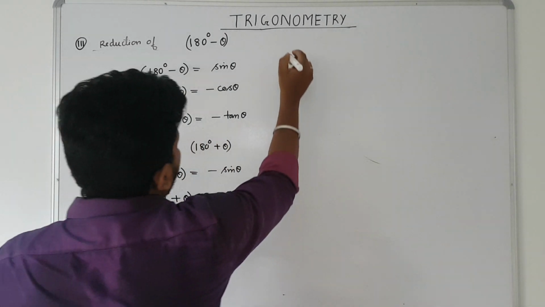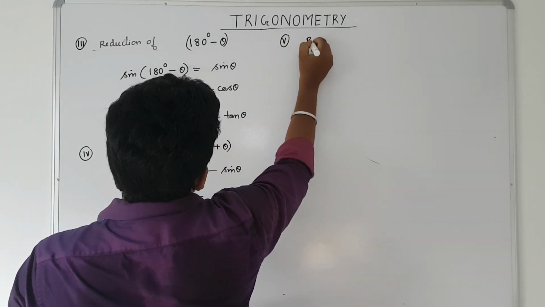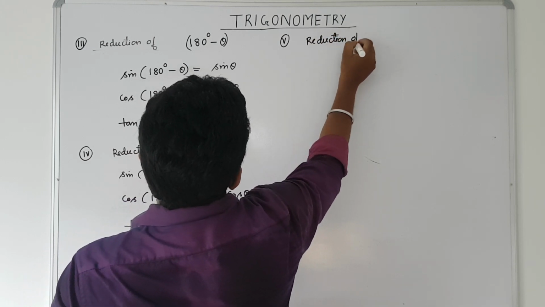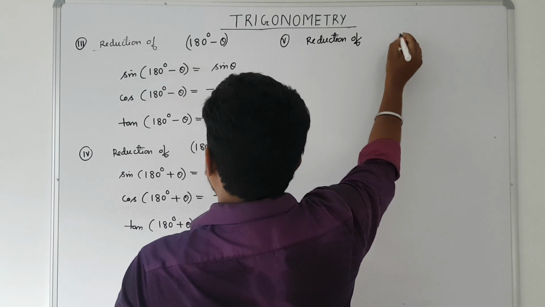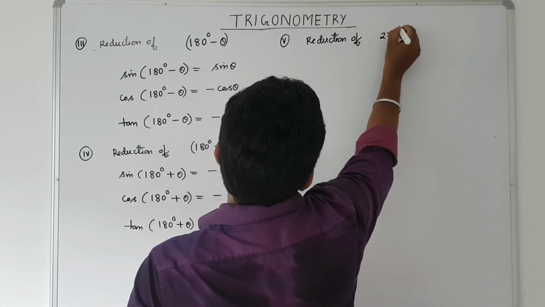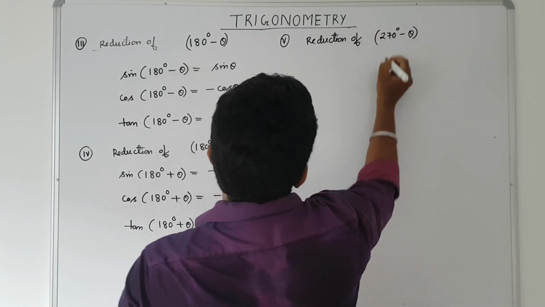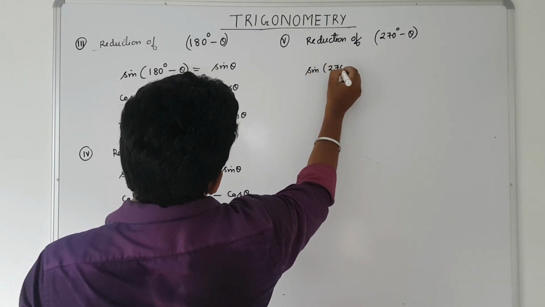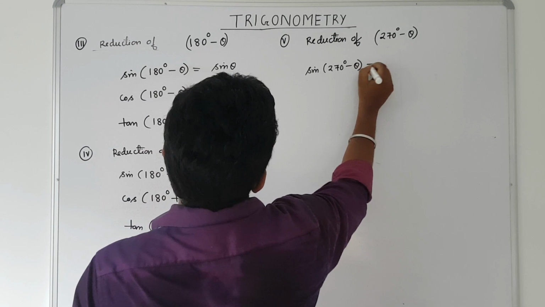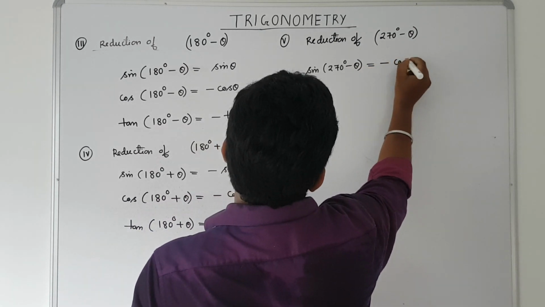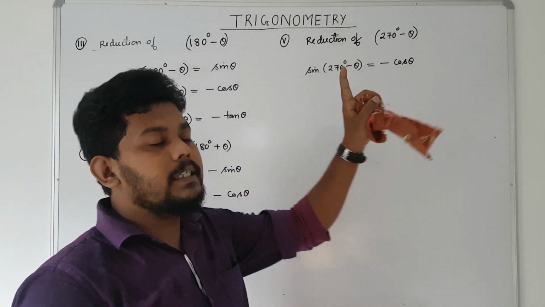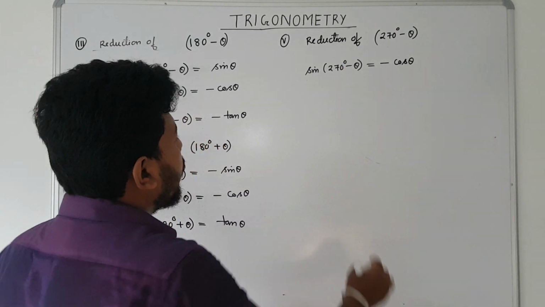Number 5, reduction of 270 degree minus theta. You can write sine of 270 degree minus theta is equal to minus cos theta. In third quadrant sine is negative, so it is minus cos theta.